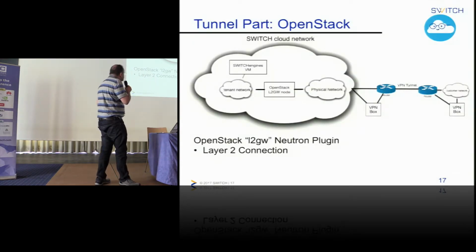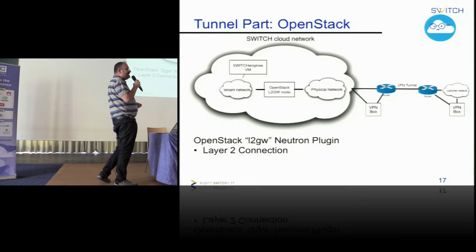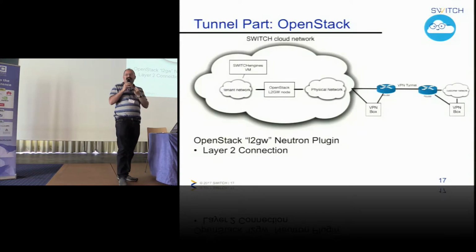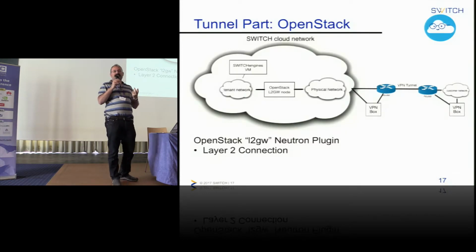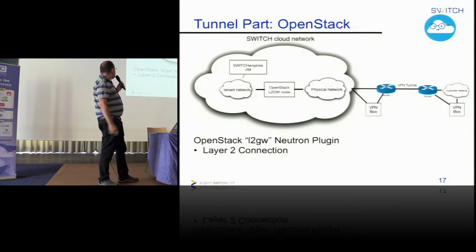Okay, this was working already like 6 months ago, but it was still very complex to set up for the users, because there was this layer 3 between the OpenStack Cloud and the university network. So we wanted to realize something simpler that was completely layer 2. And we made use of a new plugin for Neutron called the layer 2 gateway.